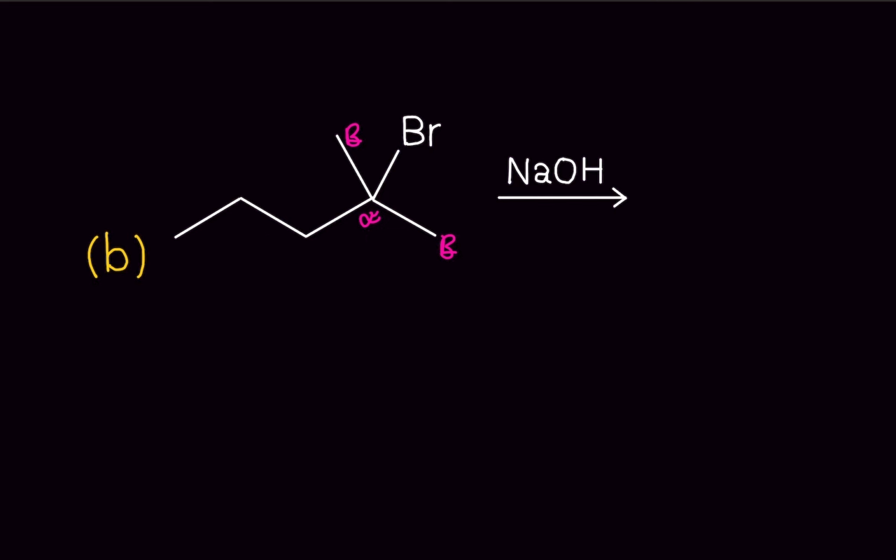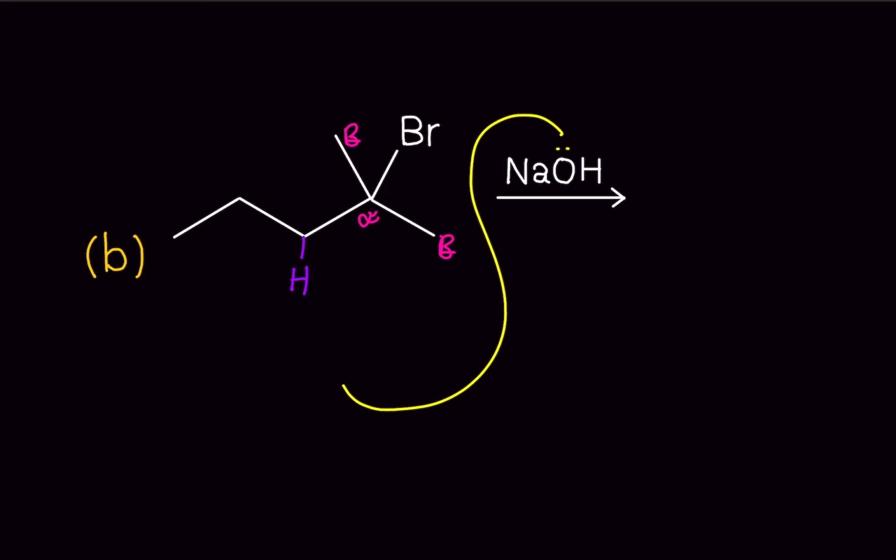So elimination reactions involve sacrificing hydrogen on the beta carbon. So let's do that. We will sacrifice this hydrogen because there is one there. We sacrifice this. The bond breaks, and then now the electrons go to the alpha beta bond right here to create a double bond.